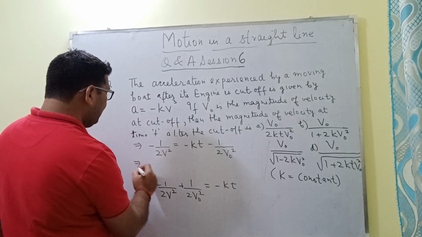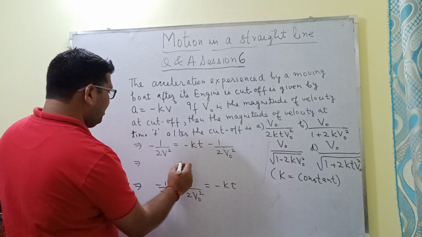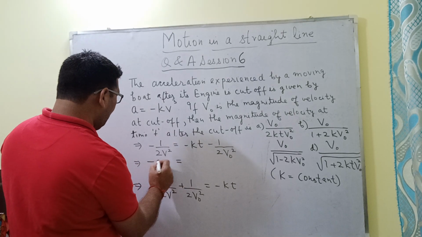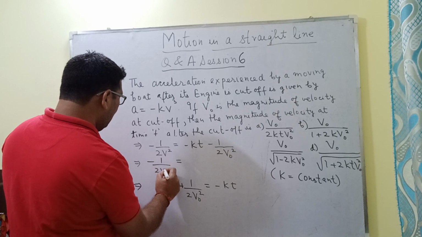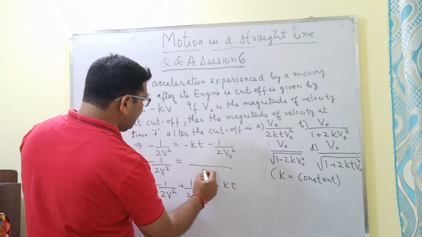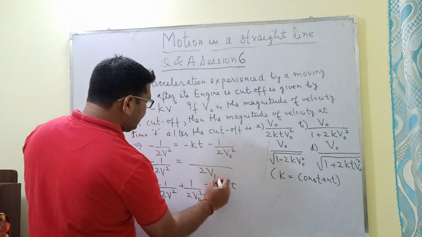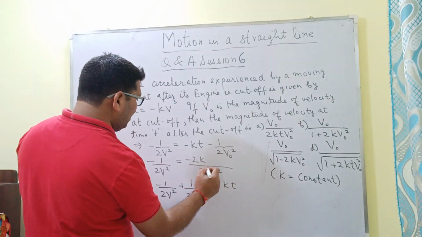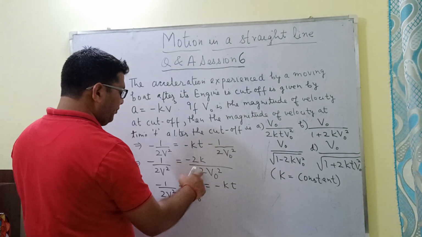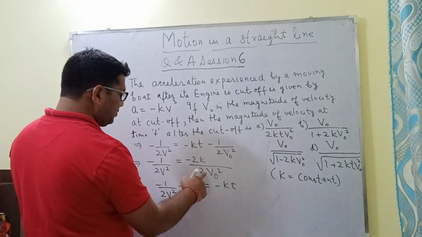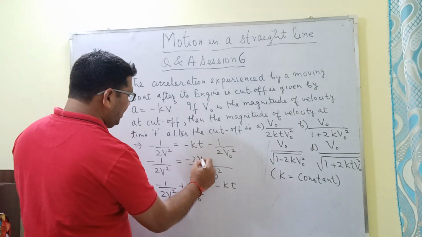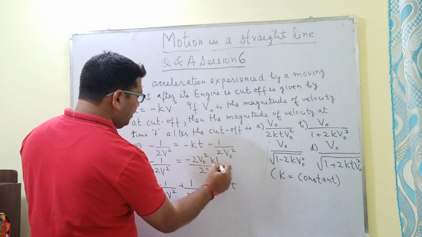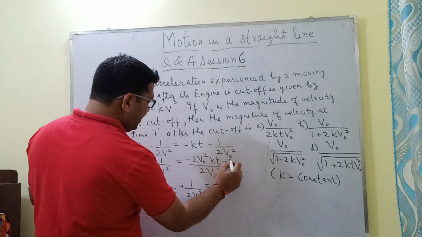So it implies that minus 1 by 2 v square is equal to, I will be taking the LCM of this, so I will be getting 2v square. It will be minus kt minus 2 v naught square kt minus 1.